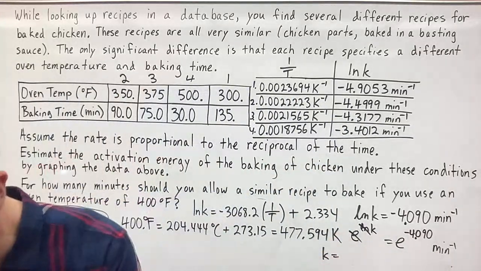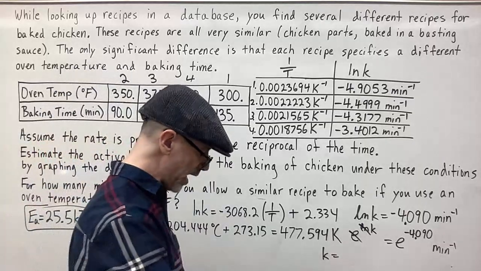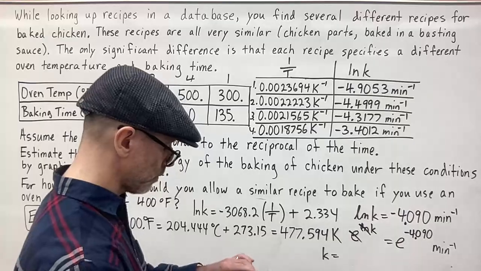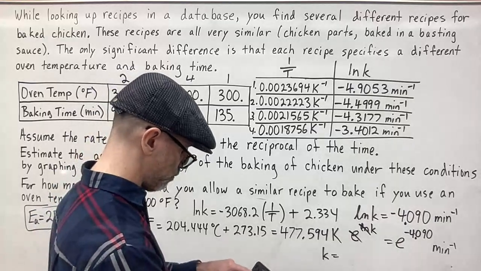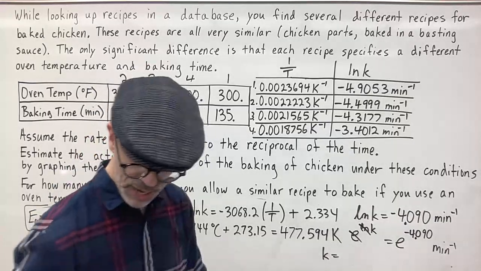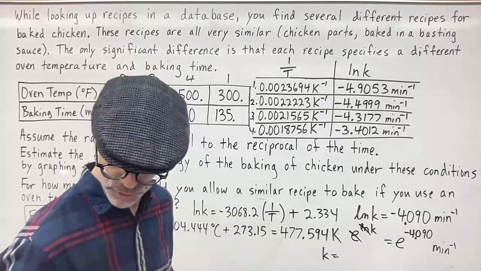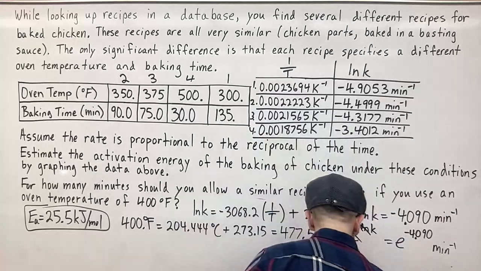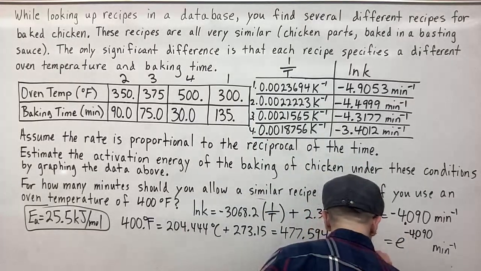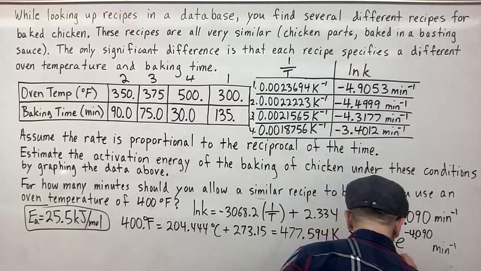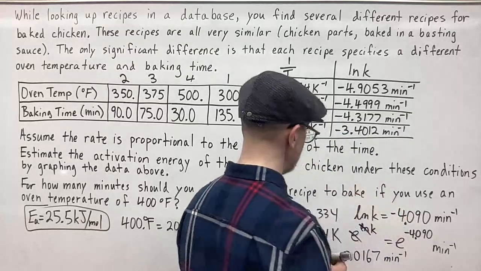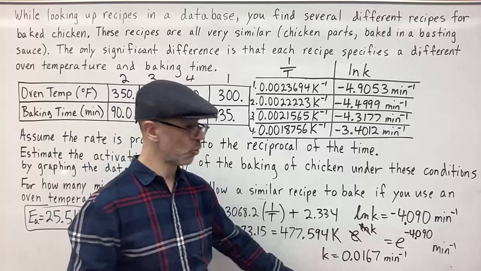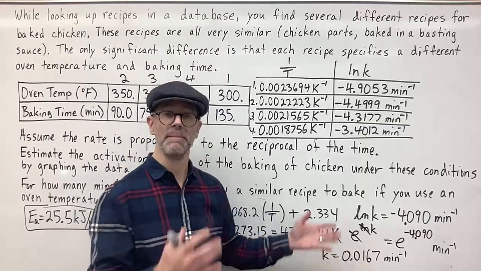So let's determine that. Okay, so that's going to be equal to 0.0167. So k is equal to 0.0167 per minute. Okay, so we want the time in minutes, so we're going to have to take the reciprocal of this to get minutes back.